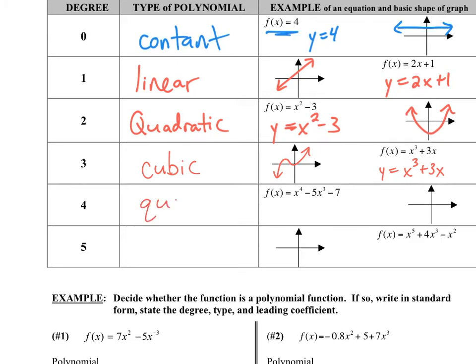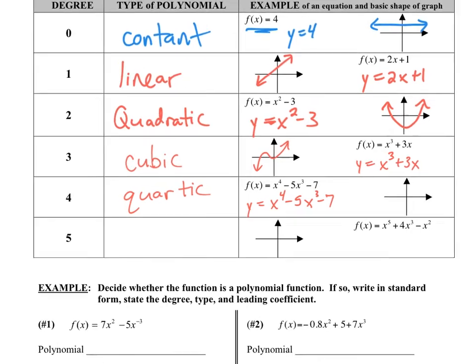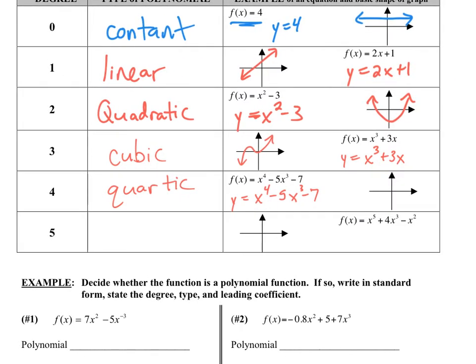The fourth degree is a quartic. So y equals x to the fourth minus 5x to the third minus 7. The biggest exponent is 4. And this one will look something like this. It'll come down and make a couple loops, and then in the end it goes in the same direction. So both arrows go up, both arrows might go down, but the arrows definitely go in the same direction.